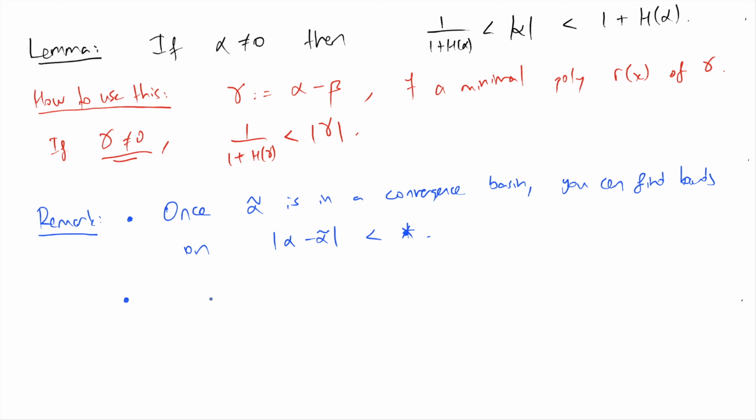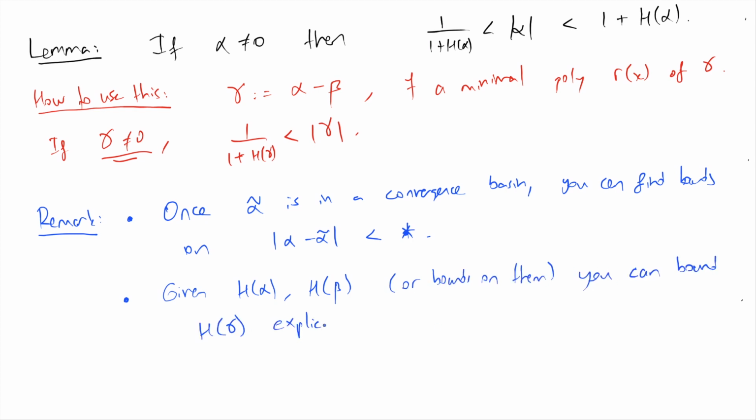And the second point, which is a little bit more delicate, is that when you know bounds on h of alpha and h of beta, then you can find bounds on h of gamma. There's an explicit formula that bounds h of gamma both from below and from above using h of alpha and h of beta.